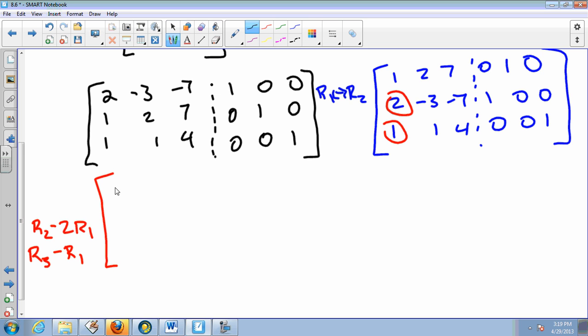So row 1 is not changing at the moment. Row 2 becomes 0, 1, 2, -2, 1.